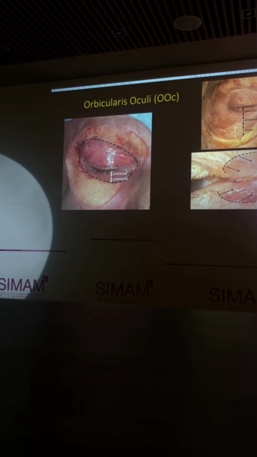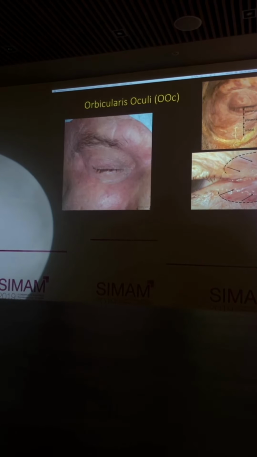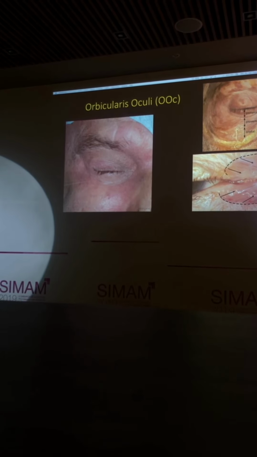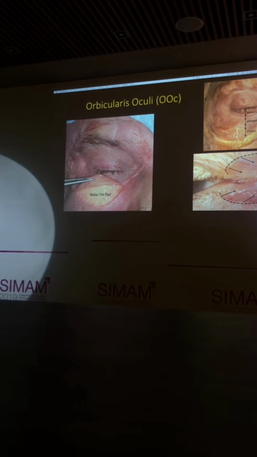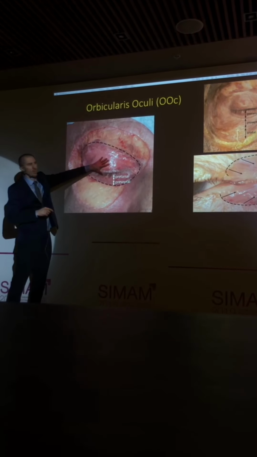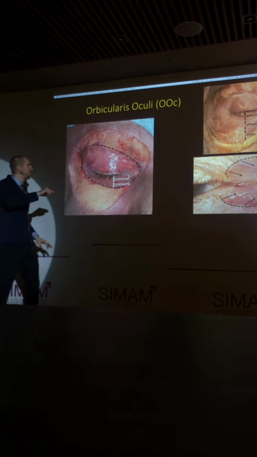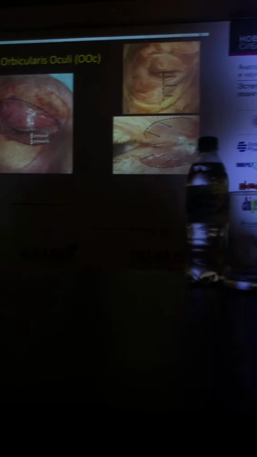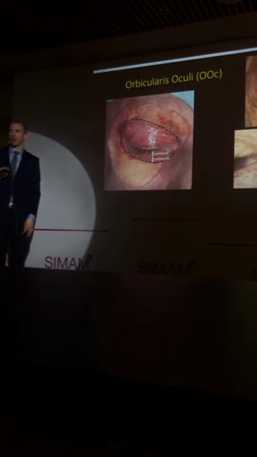Orbicularis oculi. Давайте вернемся к... If we take off the skin, если мы убираем кожу, then we see that here we have subcutaneous fat, and then the subcutaneous fat disappears. And this is because the palpebral portion of the orbicularis oculi is not covered by fat.